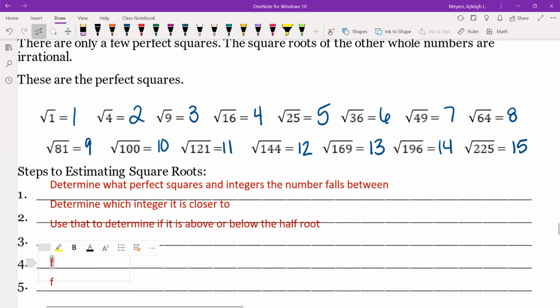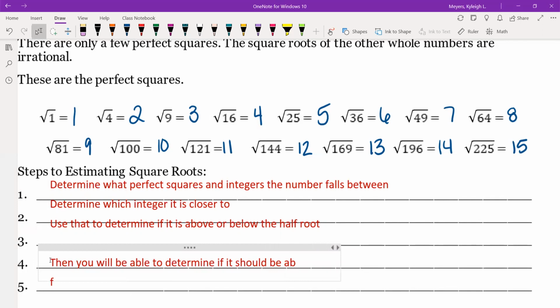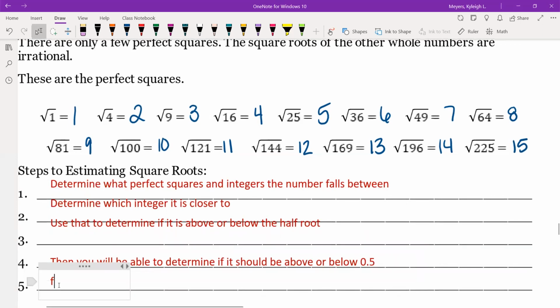The next step is then you will be able to determine if it should be above or below 0.5, aka the halfway root. And then lastly is estimate to the best of your ability.